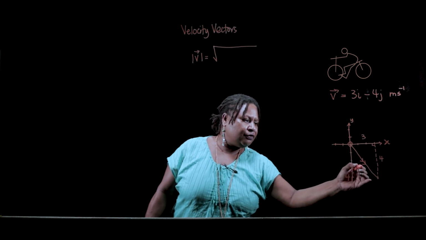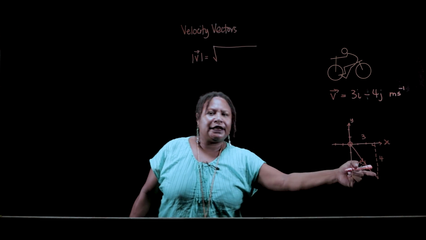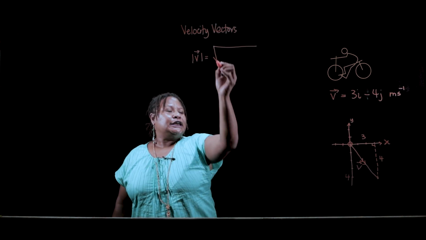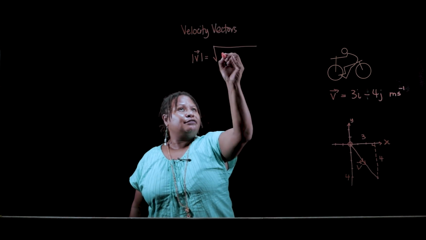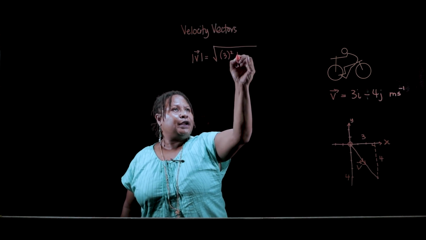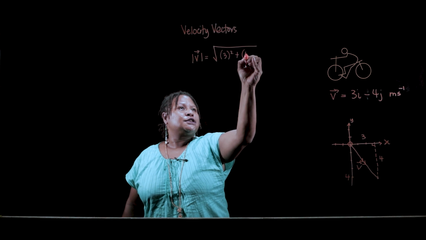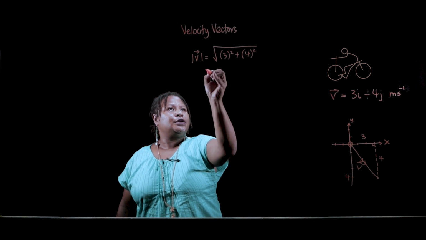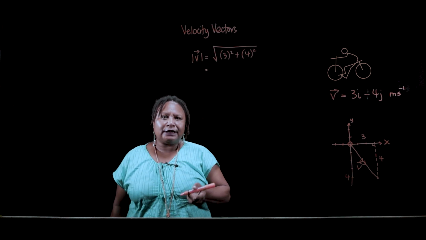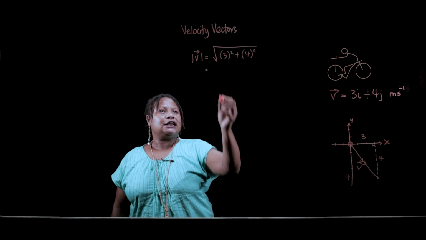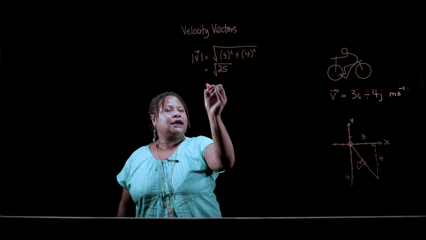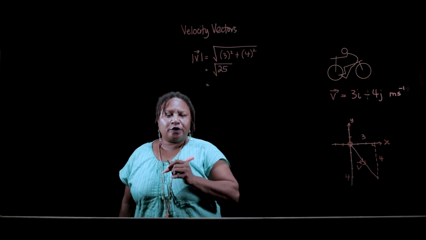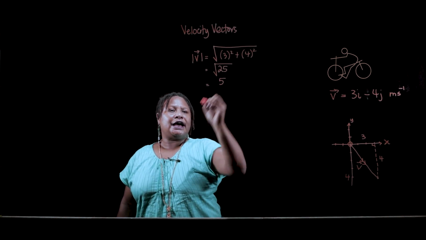So we're looking for this vector, and we're using Pythagoras. We have 3 squared plus 4 squared. We know that 3 squared is 9 plus 4 squared is 16. So that's the square root of 25, and the square root of 25 is 5.